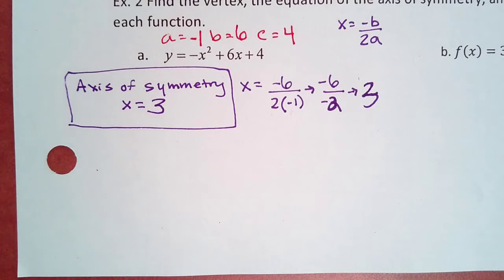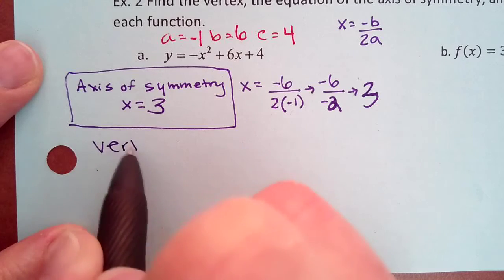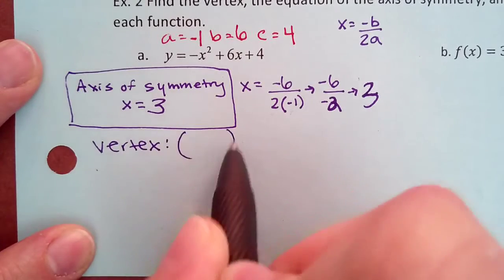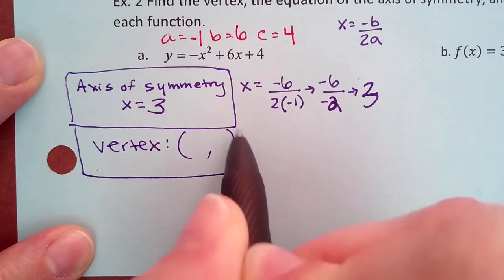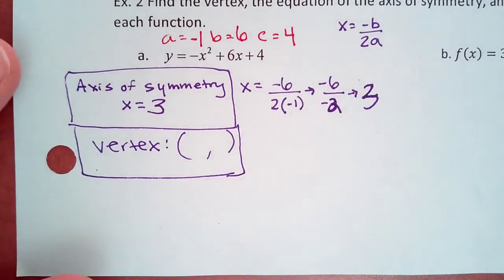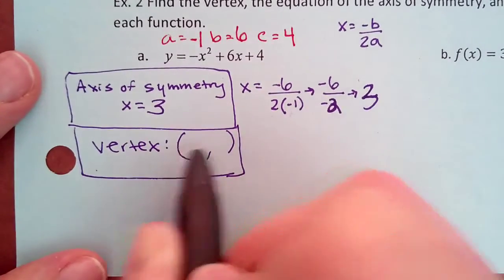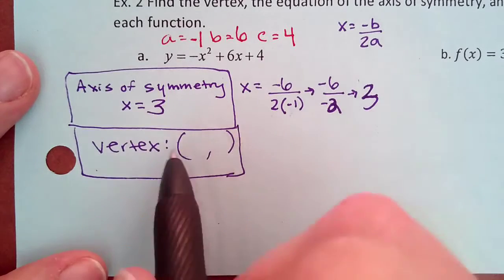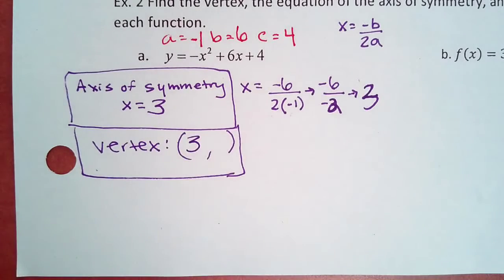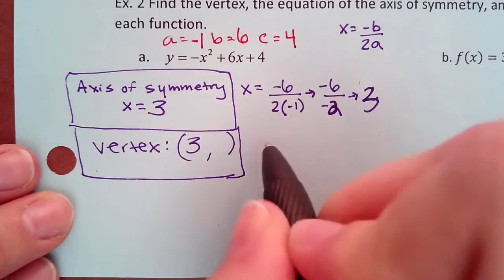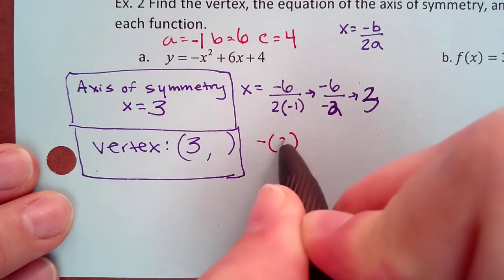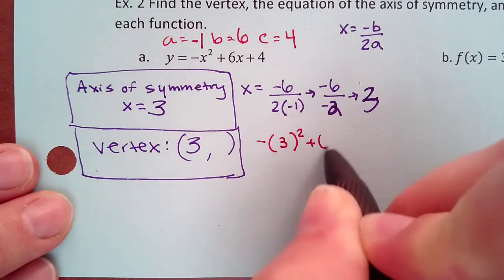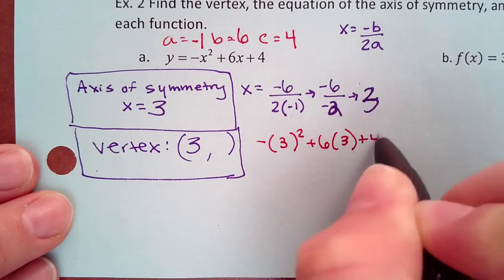Okay, we're comfortable finding that. Now to find our vertex. Vertex is going to be an ordered pair. 3 is our x value of the vertex because it is the axis of symmetry. We plug in 3 for x, so negative 3 squared, plus 6 times 3 plus 4.